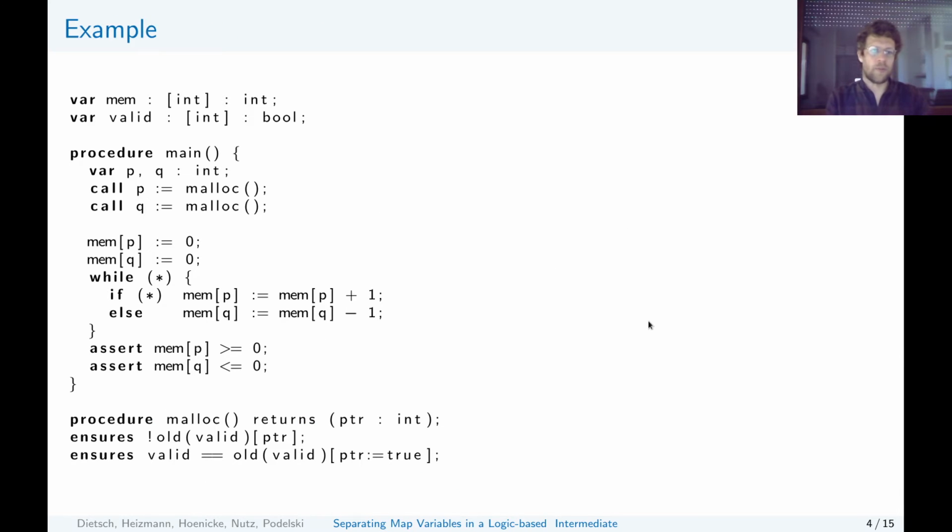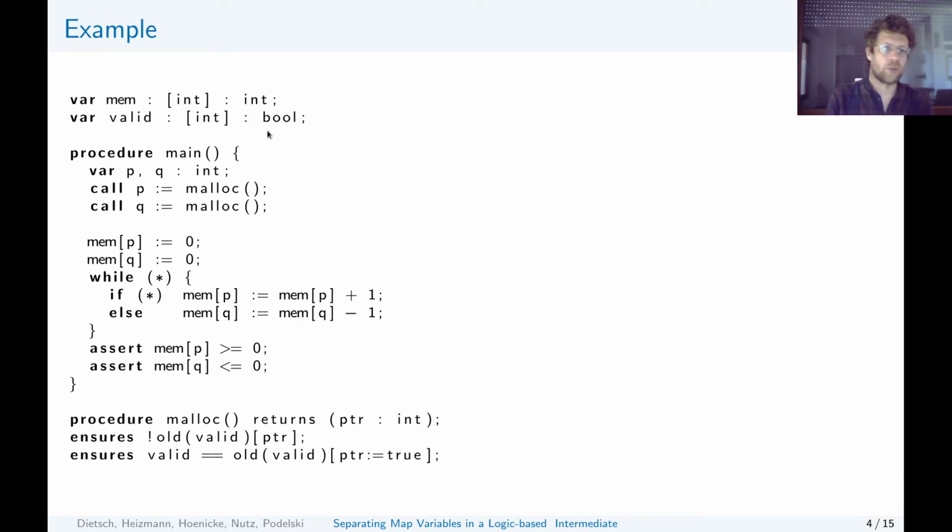So to give an example on a full program, which is still rather small for the sake of presentation, we could have this program with a memory array, which essentially stores values as normal. It could represent a heap or something, and a valid array, which essentially does allocation management.